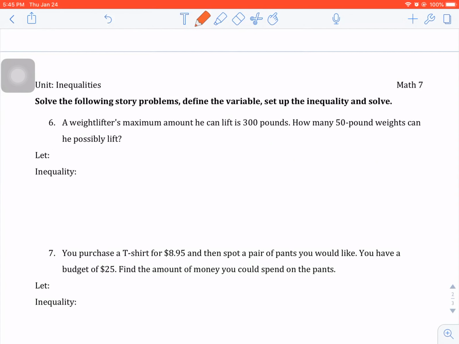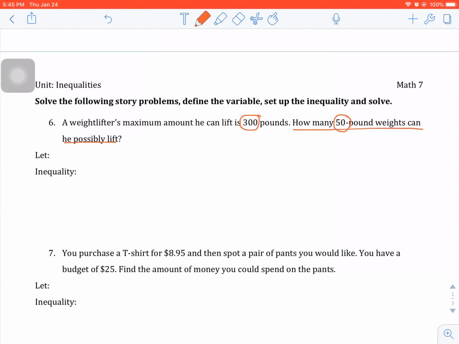So number 6 says, a weightlifter's maximum amount he can lift is 300 pounds. How many 50-pound weights can he possibly lift? So we want to know how many possible 50-pound weights can he lift. Some of our key numbers are 50 and 300.